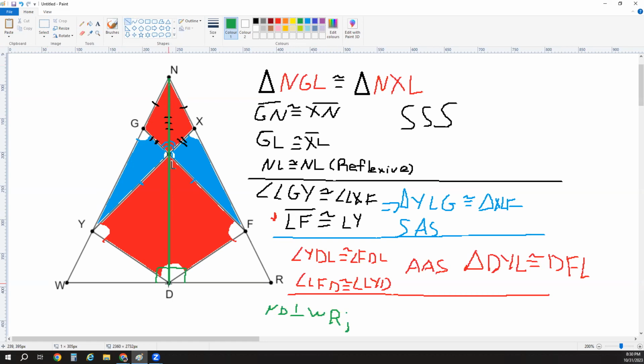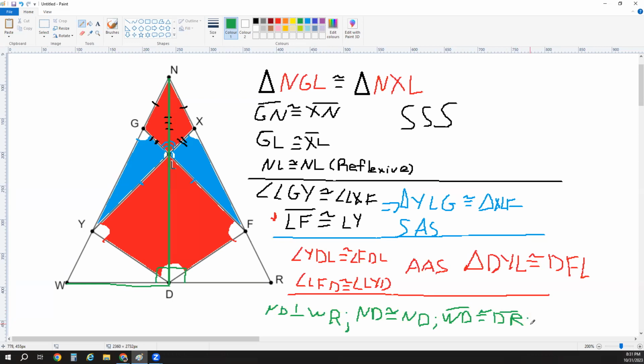ND is congruent to itself. And I also know that WD is congruent to DR. Those are my givens.